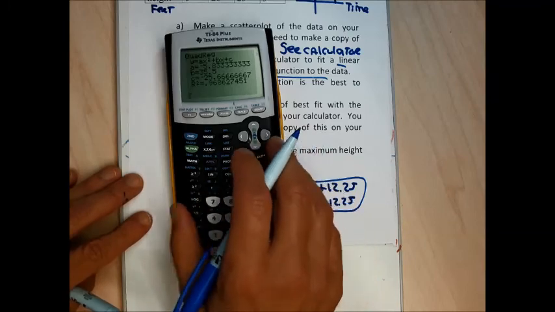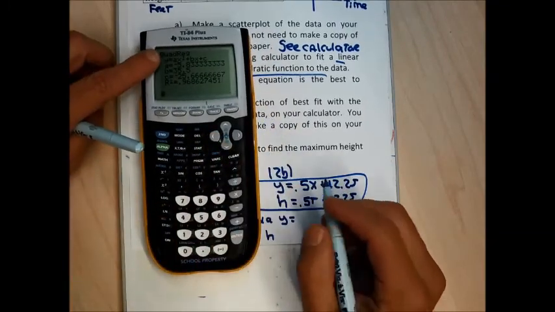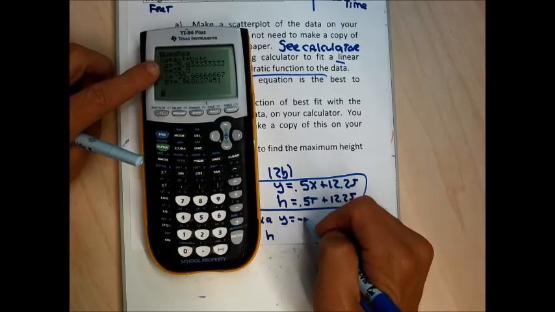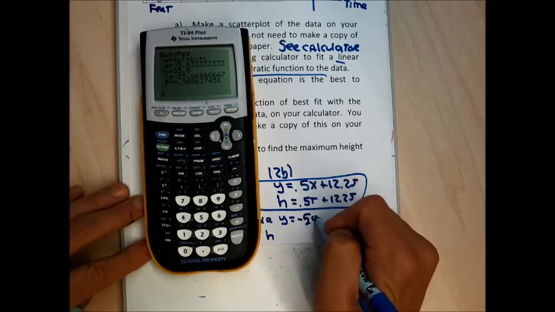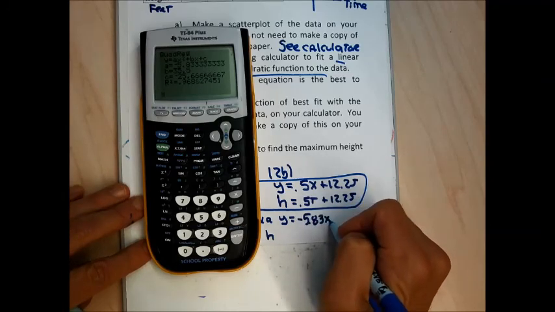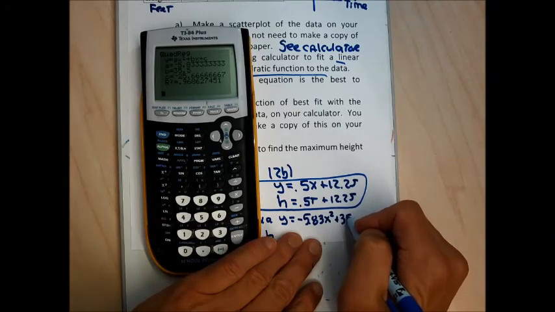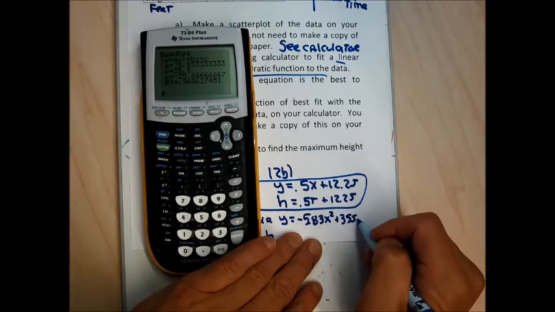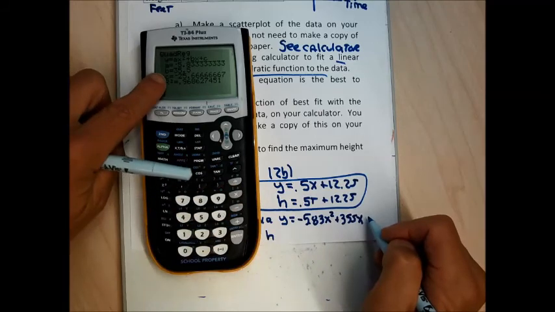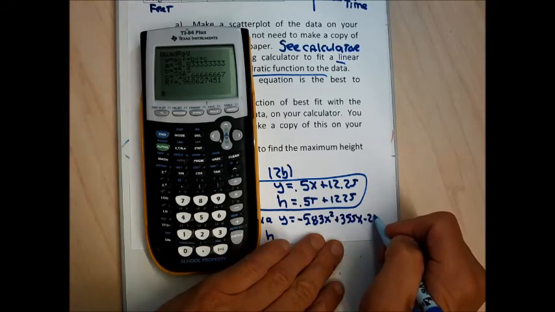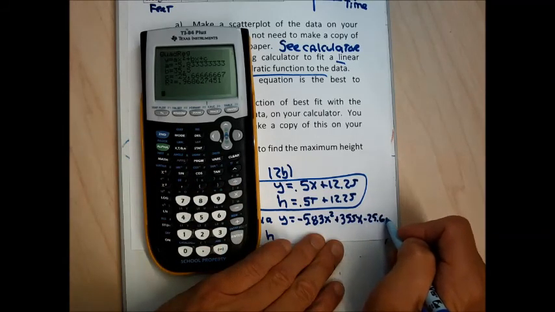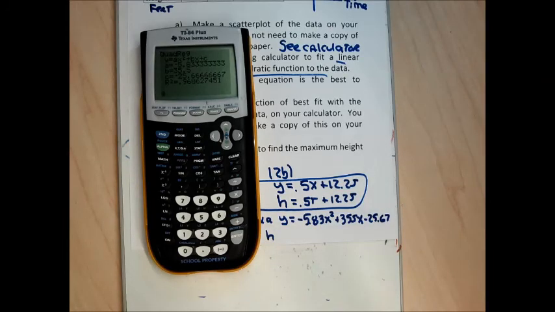And it tells me that the function is, rounding to 2 decimals, y equals negative 5.83x squared plus 35.5x minus 25.67. So that would be perfect for an equation for the parabola.